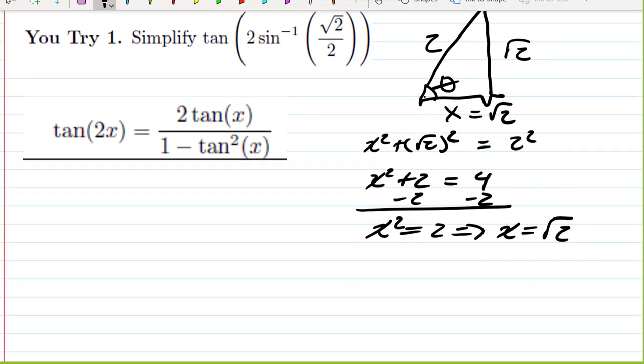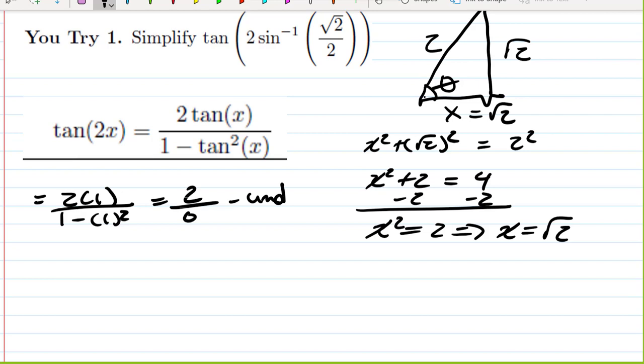So then we're going to get 2 times the tangent, which is going to be square root of 2 over square root of 2, because tangent is opposite over adjacent, which is just 1. So 2 times 1 all over 1 minus 1 squared gives us 2 over 0. So that tells us this is undefined because it's not in the domain.